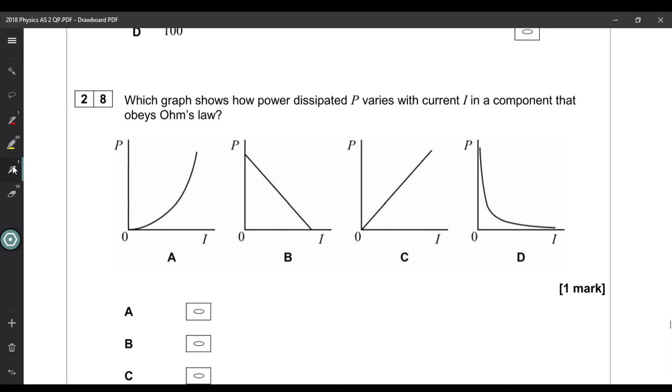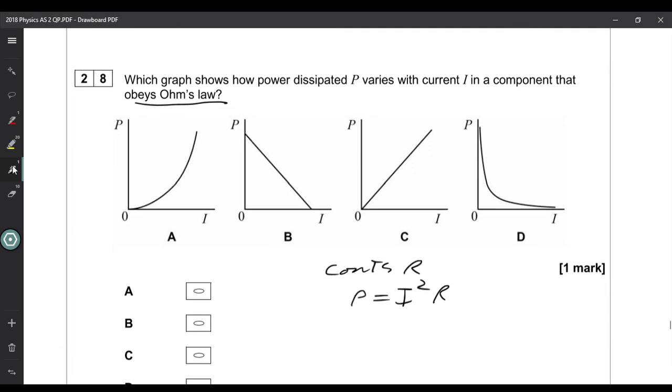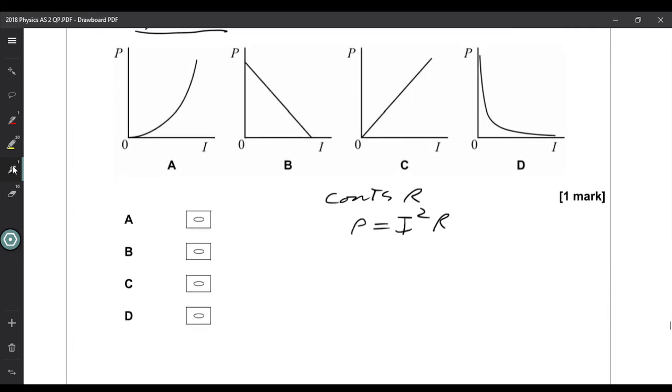Question 28 shows graphs of how power dissipated varies with current in a component that obeys Ohm's law. So because of that, we know that we've got a constant resistance. We also know that P and current are related by P equals I squared R. So because R is going to be constant, we can say that P is proportional to I squared.